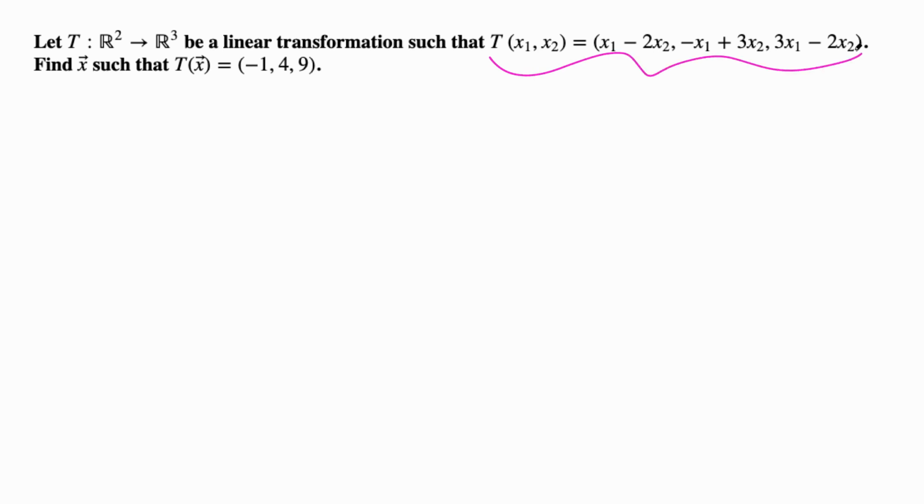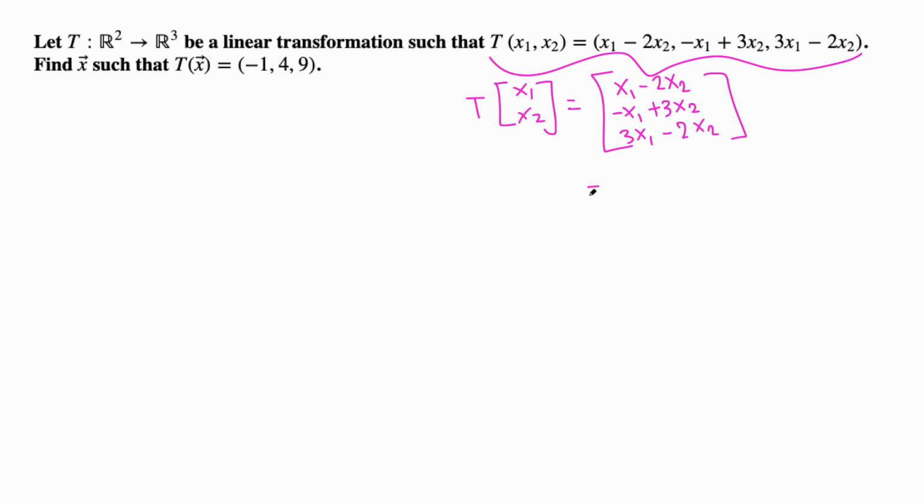In vector notation, T of x1, x2 is equal to x1 minus 2x2, negative x1 plus 3x2, 3x1 minus 2x2.